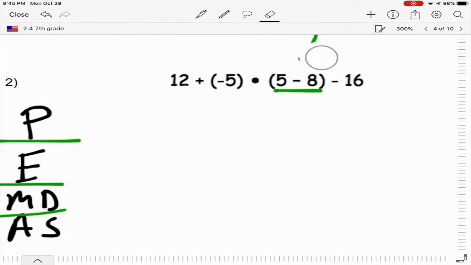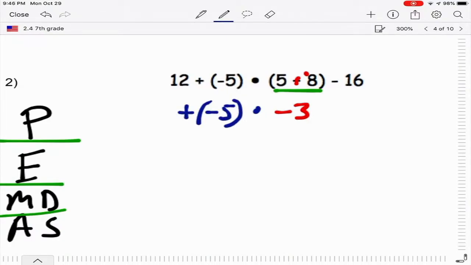Once again, when I subtract integers, I do keep, change, change. So keep, change, change. And it's 5 plus -8, which is -3, because the negative team has more players than the positive team. And I'll bring everything else down. I'll bring down the 12, the -5, and on the other side, the -16.